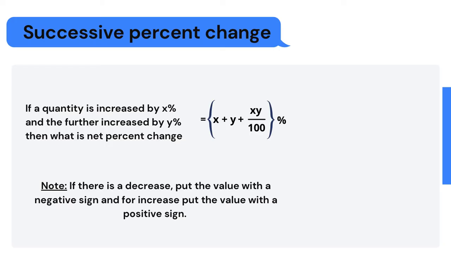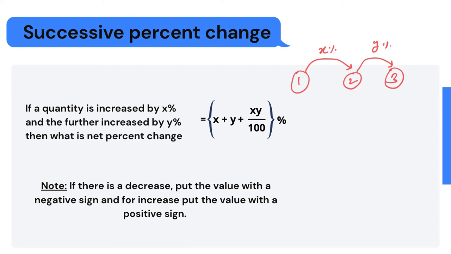Let's see this concept. This concept is on successive percentage change. So what is the meaning of successive percentage change? Suppose you have value 1, then you change this value by X percentage, so you get a second value. Then you again change the second value by Y percentage, so you get a third value.